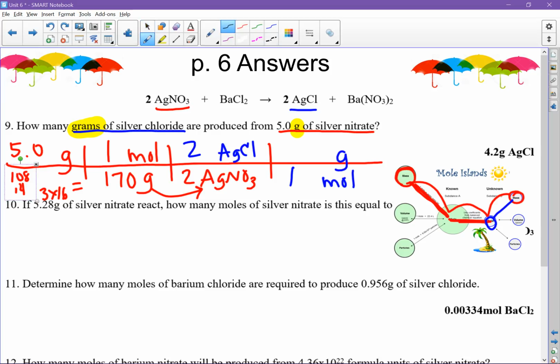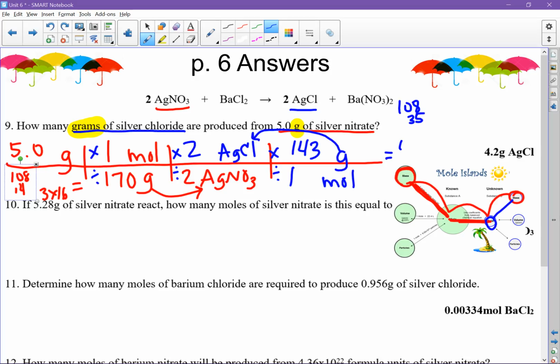So then I have to do the same thing on the other side over here. I need grams of this AgCl. Again, Ag is 108, Cl is 35. When you add that up, it equals 143. Then you just have to put that whole thing into your calculator. Remember to times, divide, times, divide, times, divide.